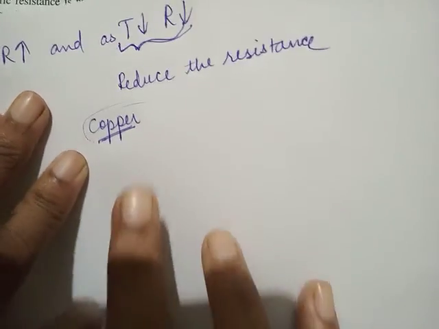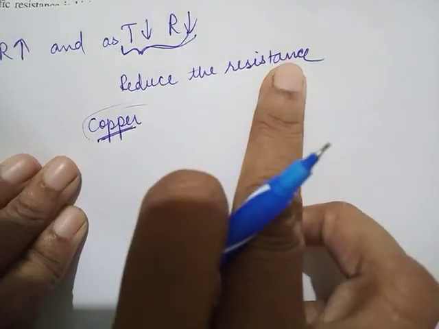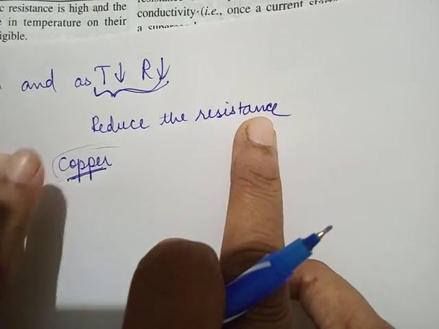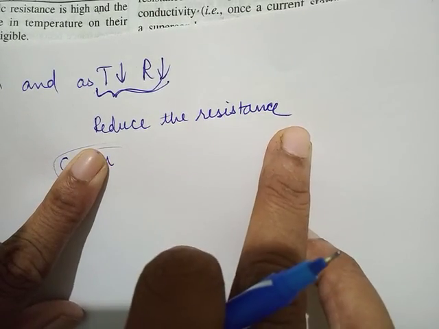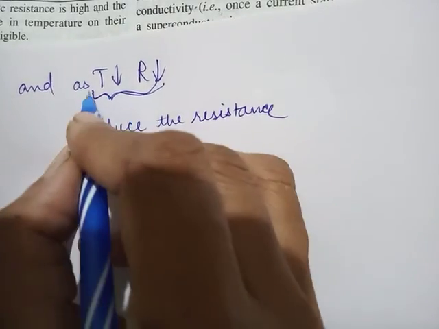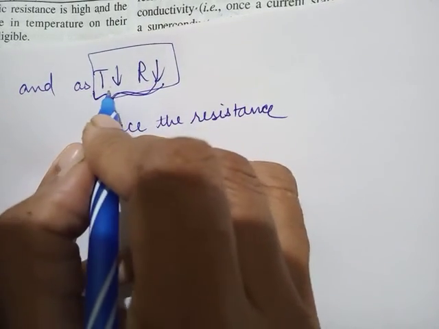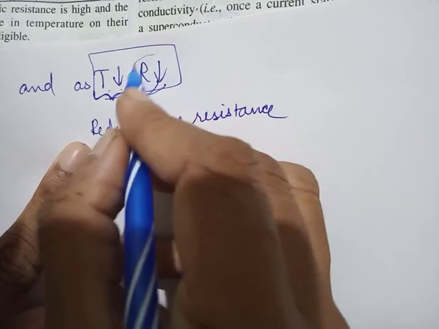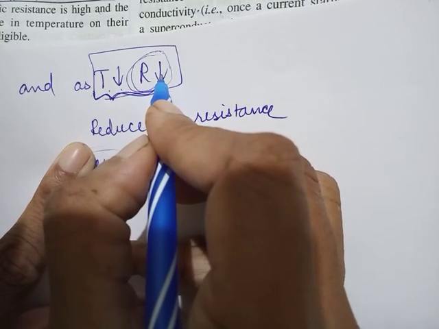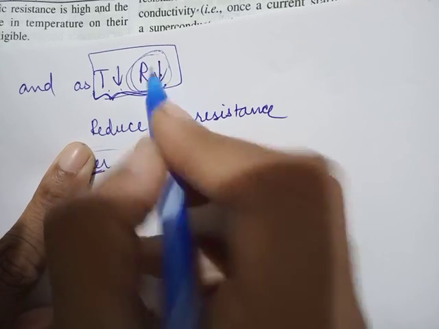Okay, so reducing resistance is a very major problem in electrical connections. So if we can use this concept and reduce the temperature of the surrounding, then its resistance will become very low.